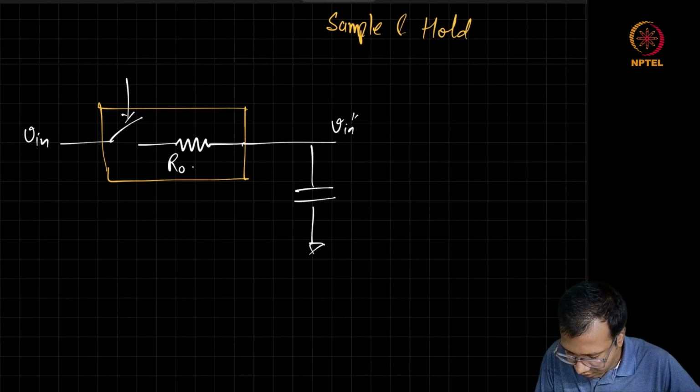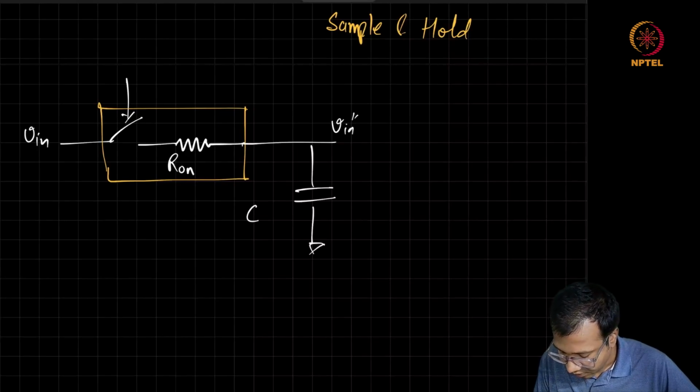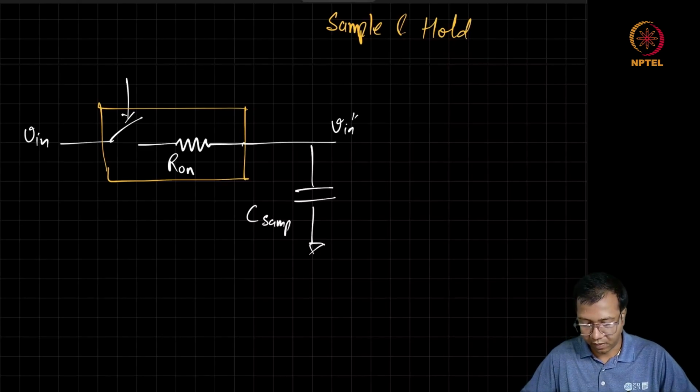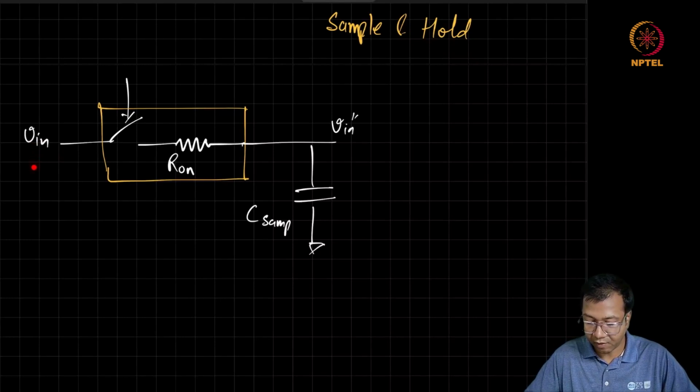We can see that this on resistance as well as the capacitor which is going to hold the voltage are both going to limit the rate at which the input can change, because if the input is changing very fast, this node may not be able to follow the input signal, since it has this extra capacitance along with the internal resistance of the switch.